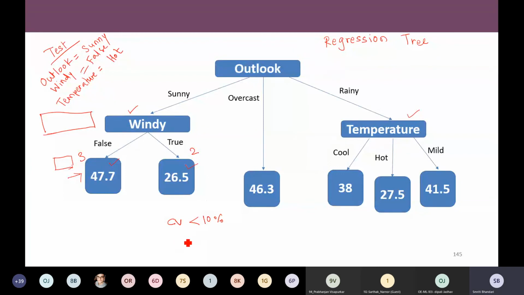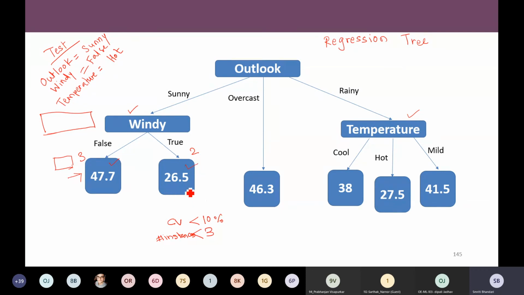Another stopping criteria would be if the number of instances in the data set is less than some value, say 3. So if the number of instances here is 2, that is less than 3, so we do not need to expand this branch further. So we say that we have arrived at the leaf node.